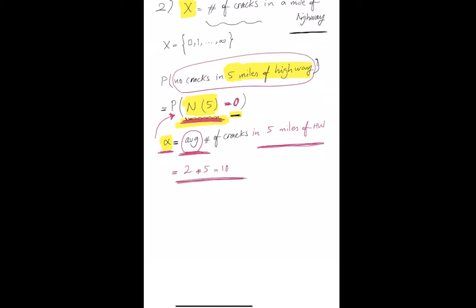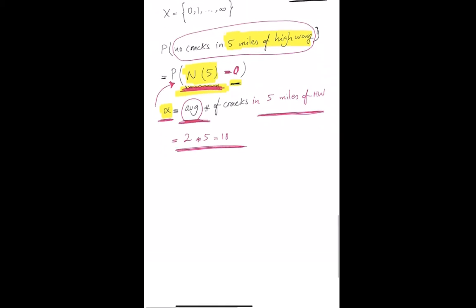That's the alpha I have to use to answer this question. So the probability of N5 equals 0 is e to the power of minus 10, 10 to the power of 0, over 0 factorial.